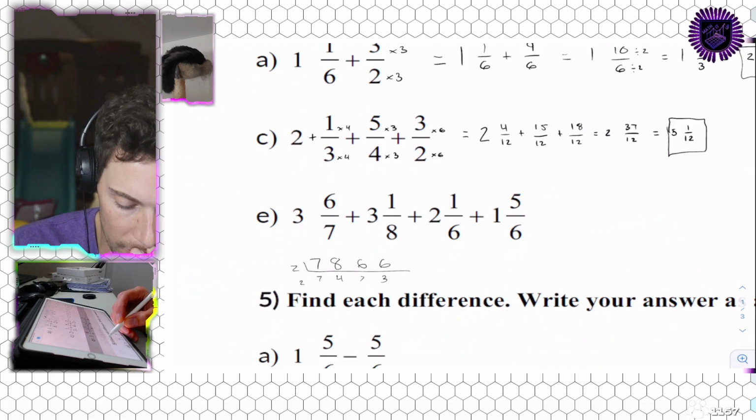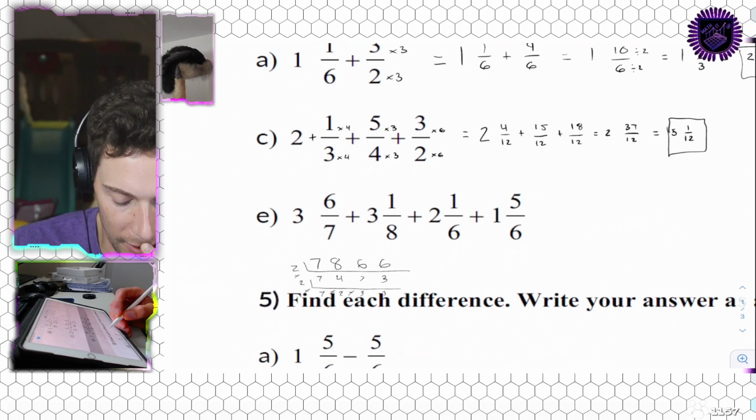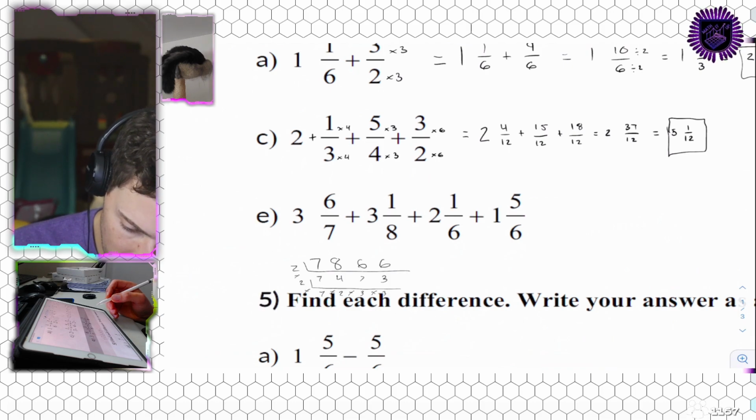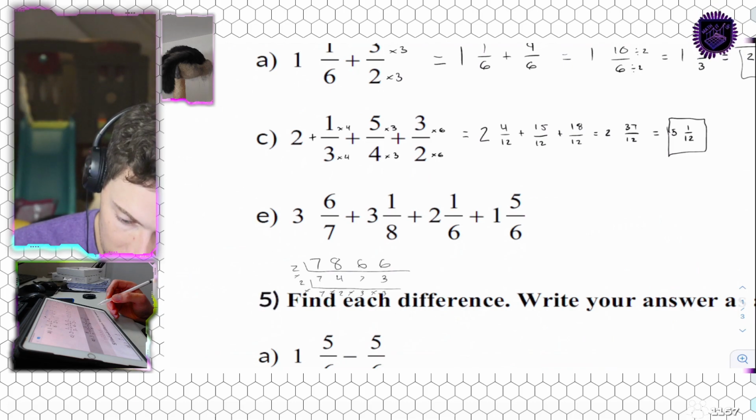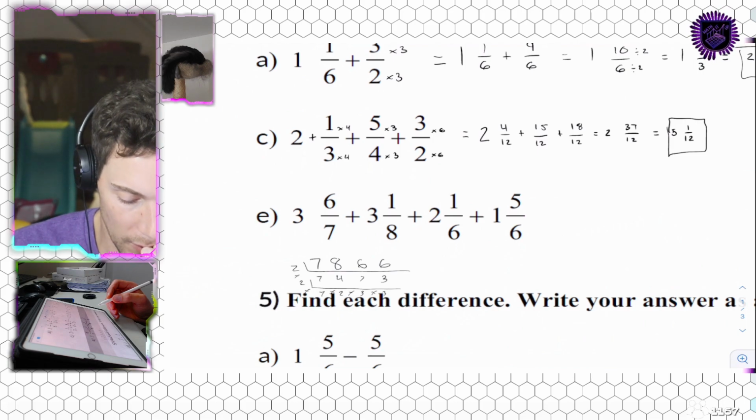That's not prime yet. 2, 7, 2, 3, 3. 2 times 2 is 4, times 7 is 28, times 2 is 56, times 3 is 168. 168 times 3, 488?